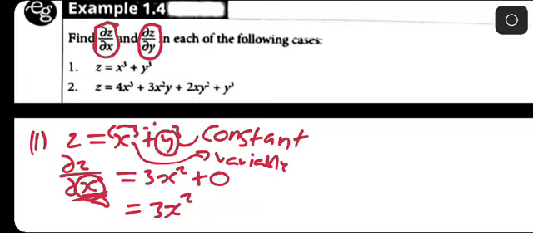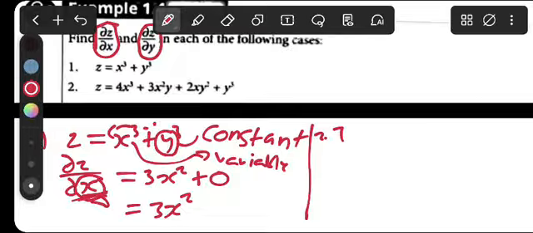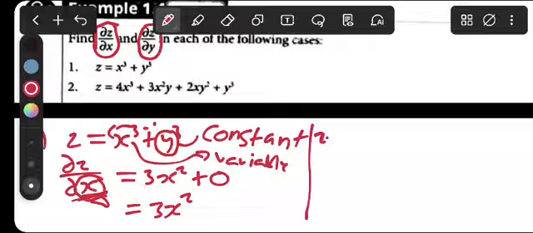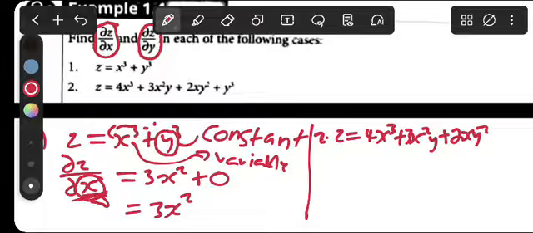So again, we are given number 2. Z is equal to 4x raised to the power of 3 plus 3x squared y plus 2xy squared plus y cubed.